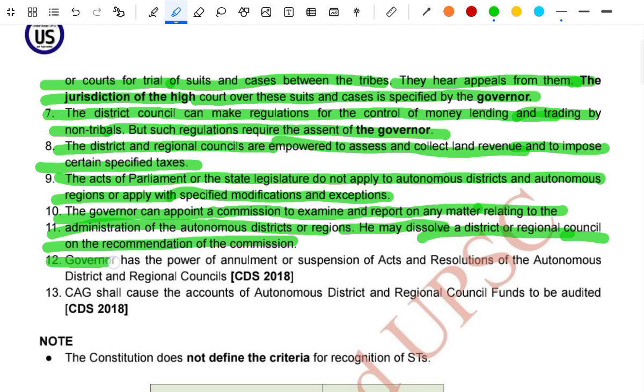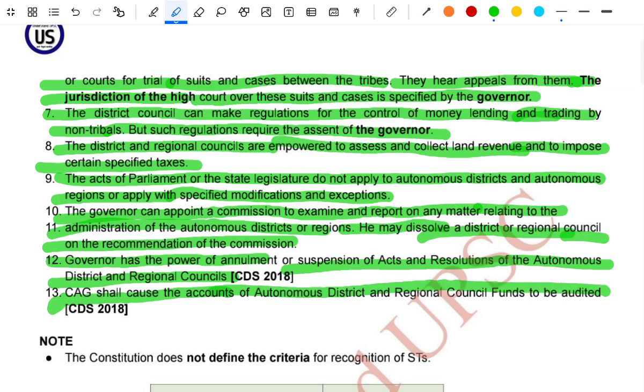The Governor has the power to annul or suspend the acts and resolutions of the autonomous district and regional councils. The CAG shall cause the accounts of the autonomous district and regional councils to be audited.